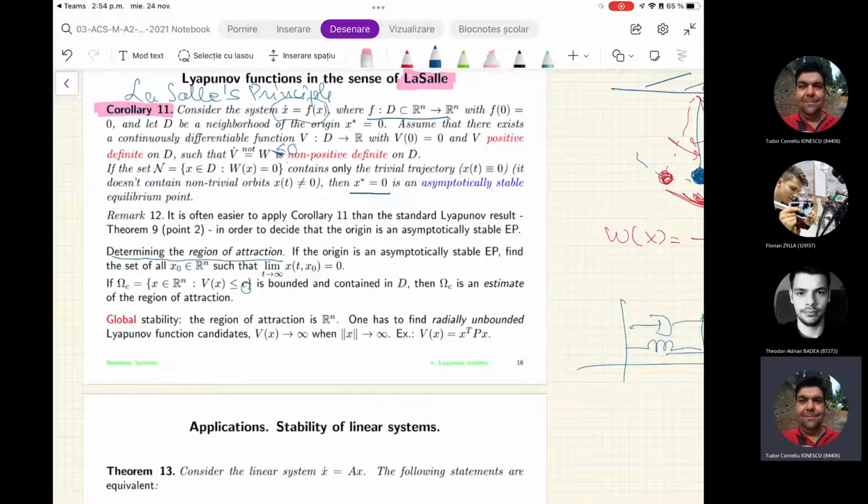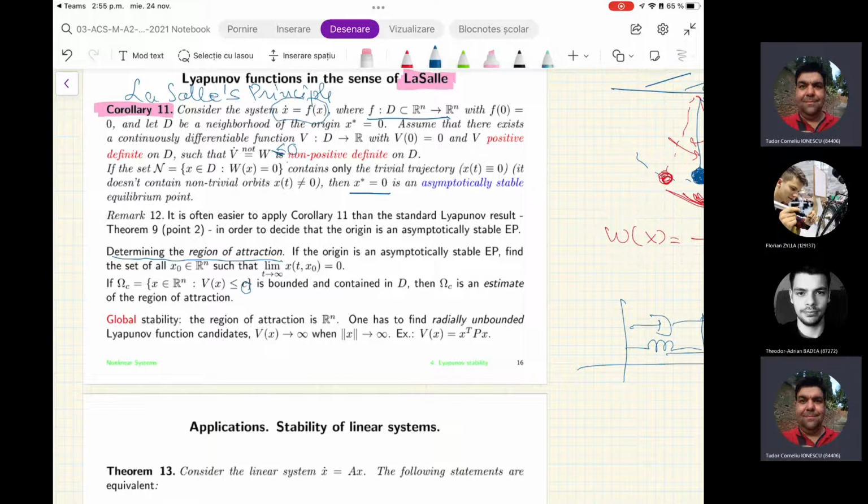All the results we are presenting here are local results. Nothing is global except for linear systems. Linear systems have global results because the origin is the only isolated equilibrium point.